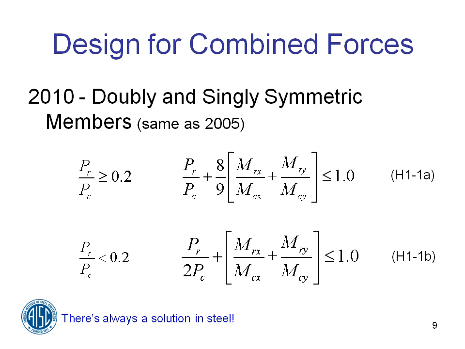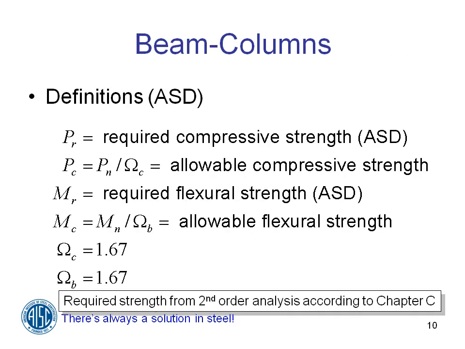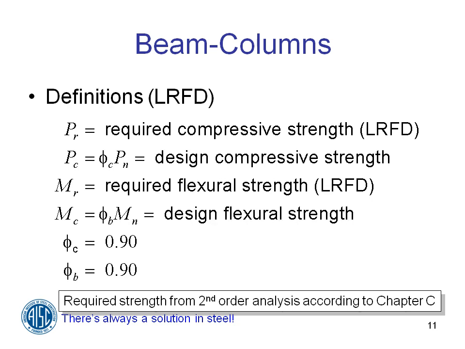M sub Rx and M sub Ry are the required moment strengths, and M sub Cx and M sub Cy are the available moment strengths. Now the PR and the MR are second-order strengths.